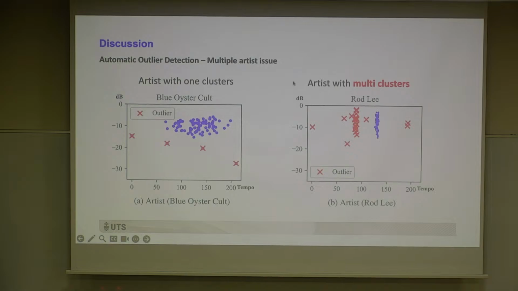But compared to the artist on the right, such as Needs, the algorithm struggles to identify outliers because they have multiple styles. For example, Rodney has two main dominant styles, with a specific aesthetic at a certain tempo, and also has outlier sections that do not share the same boundary between the two dominant styles. So in this case, the algorithm struggles to find them.